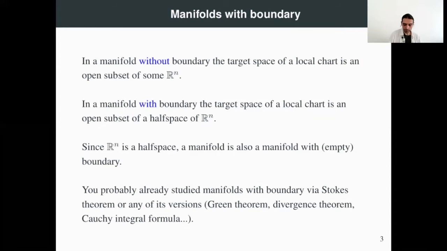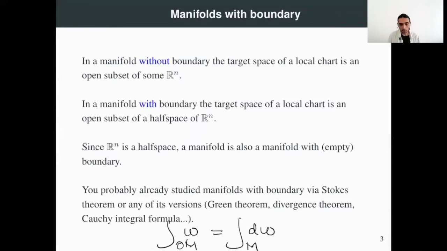The formula of Stokes theorem is that the integral of a differential form on the boundary of some manifold with boundary is going to be the integral of the differential of such a form on M. And so in order to make sense of this formula, it is necessary to introduce manifolds with boundary and then the boundary of a manifold, okay?